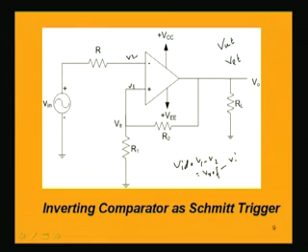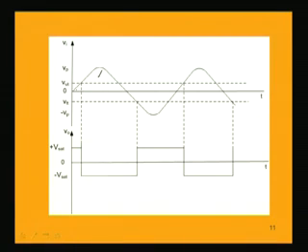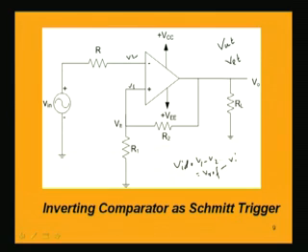So, when VI is less than VUT, that is happening here, for this portion VI is less than the reference VUT. So, VUT minus VI is the difference voltage.